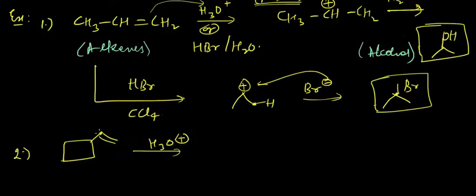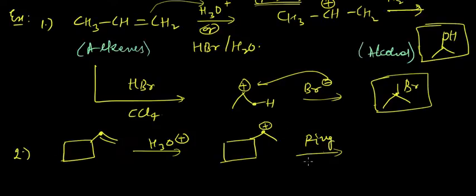What happens if we react this compound and hydrolyze it? What will happen is the positive charge will come here, and now ring expansion will take place. I hope you remember the ring expansion, wherein this bond will be broken to create positive charge at this carbon atom and attach itself with this carbon atom. So let's suppose this is the second carbon atom.